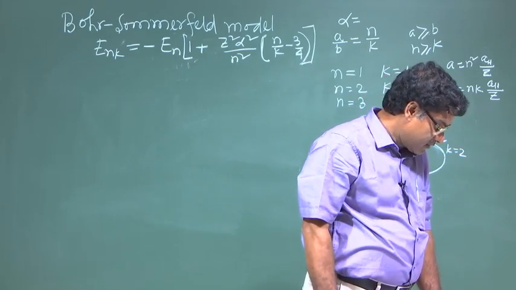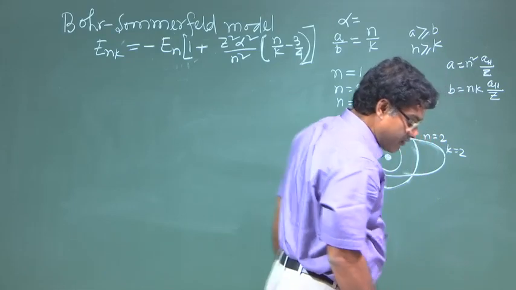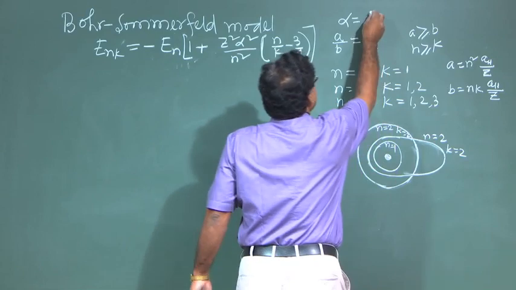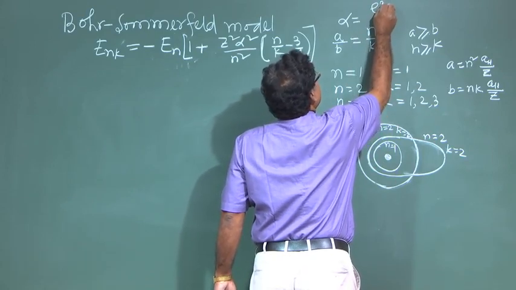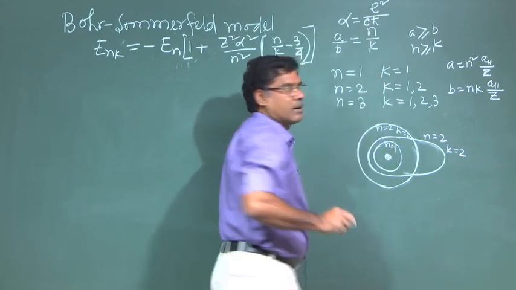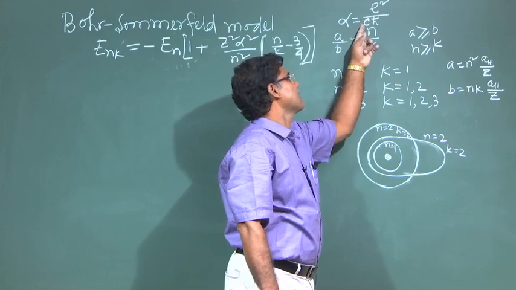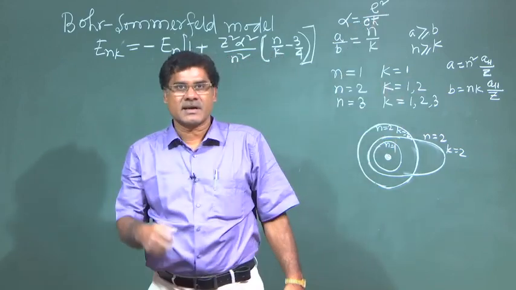This alpha value is e square by c h cross. It's a constant: e is constant, c is constant, h is constant, and h cross is h by 2 pi.